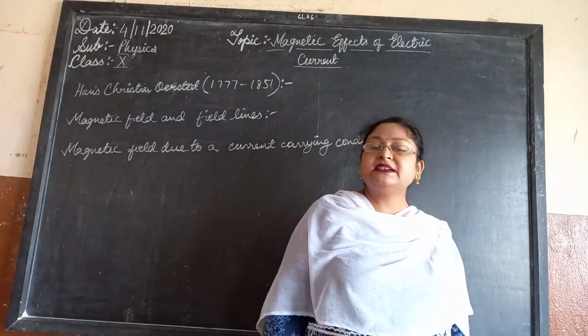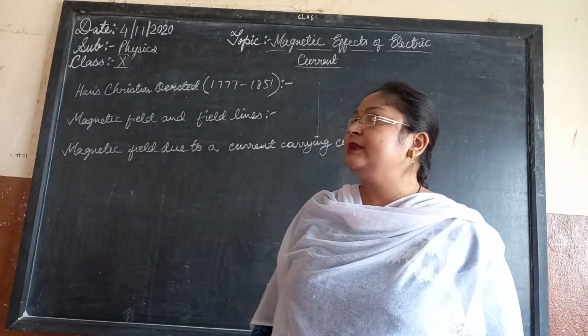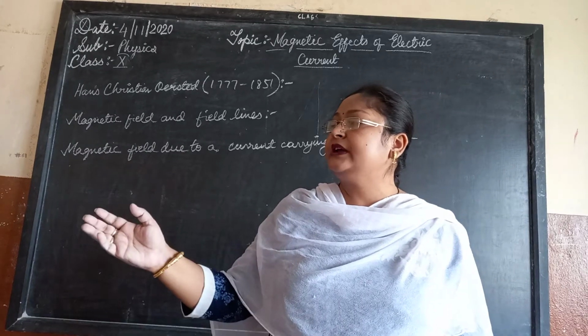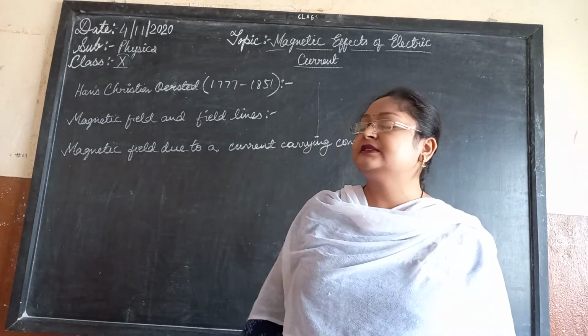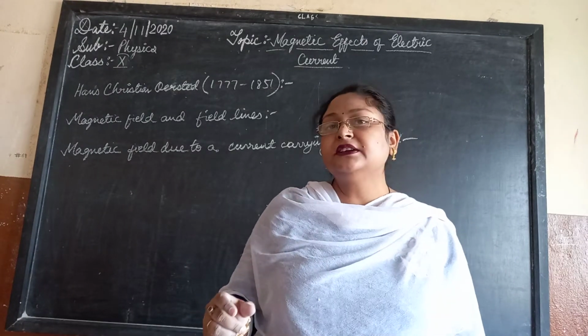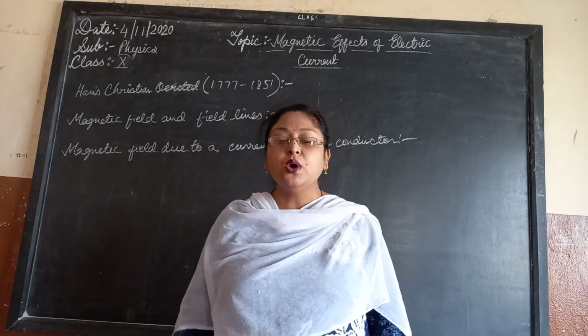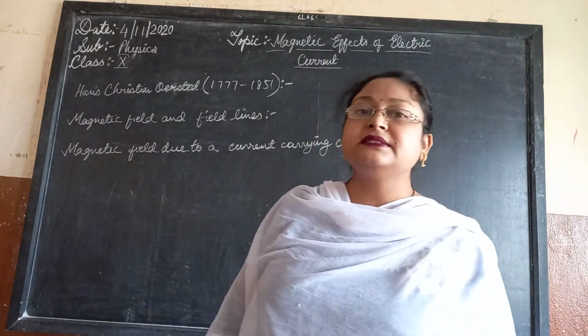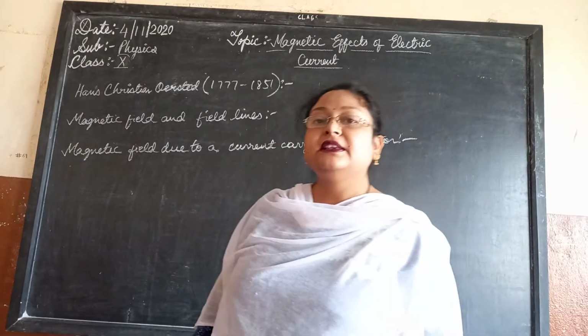This can be tested with the help of a magnetic needle. When any electric appliance is working, or you can take a switchboard, and near it you place a magnetic needle, the needle will tend to align itself to the north-south direction. That is how the magnetic field is exerted by the current carrying conductor.